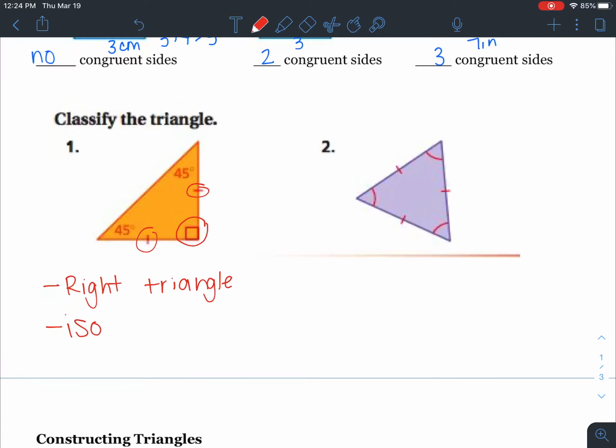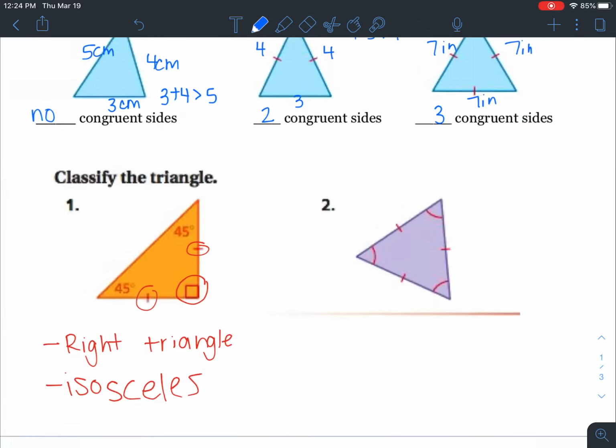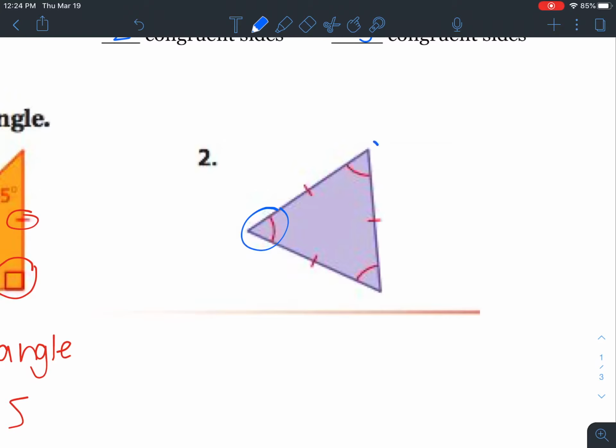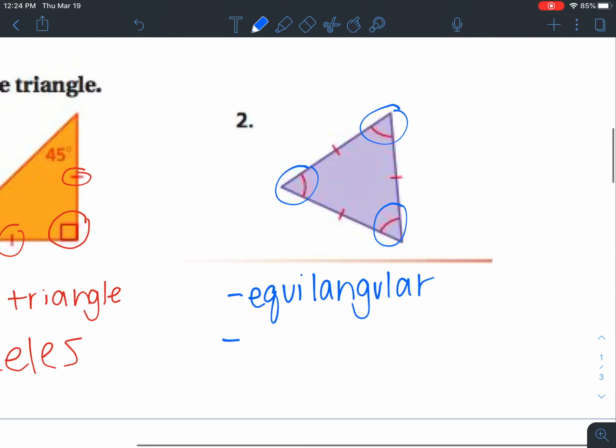So this is a right isosceles triangle. Number 2, all three of the angles are the same, so that makes it equal angular, and then it's also equilateral.